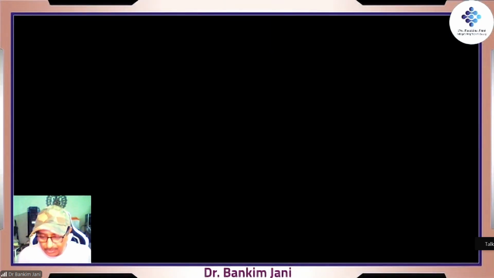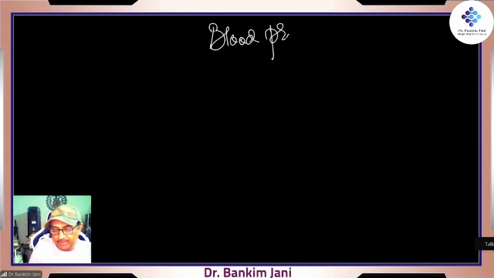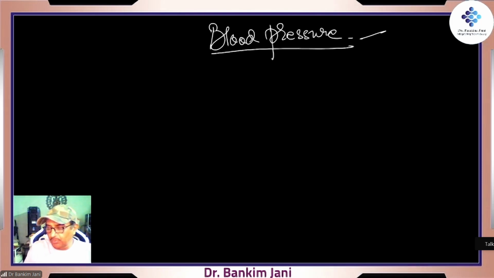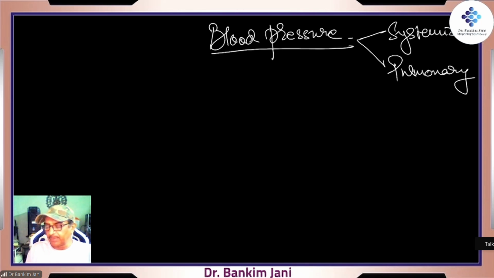All right, let's start with our today's topic, and that is blood pressure. We are talking about the systemic blood pressure. You must know from our past sessions that there are 2 types: systemic blood pressure and pulmonary blood pressure.